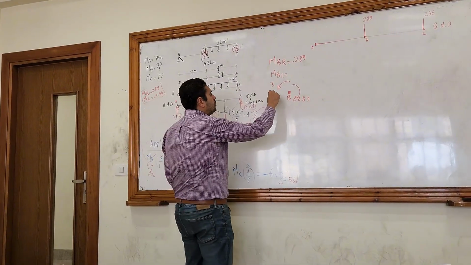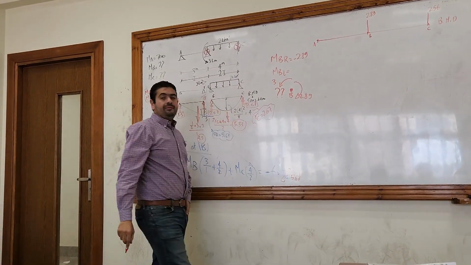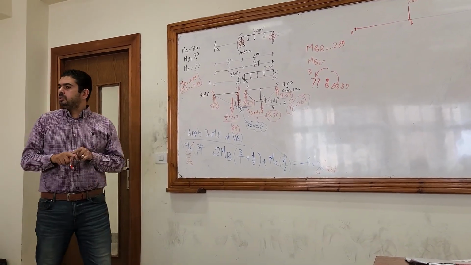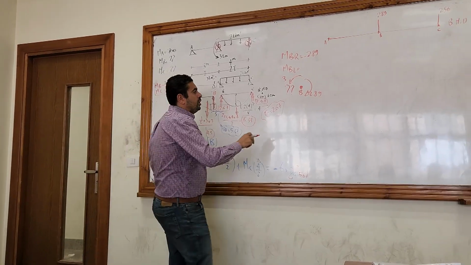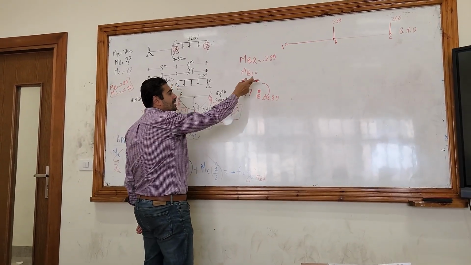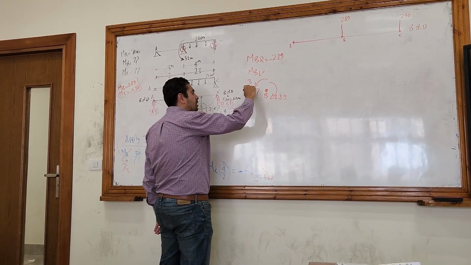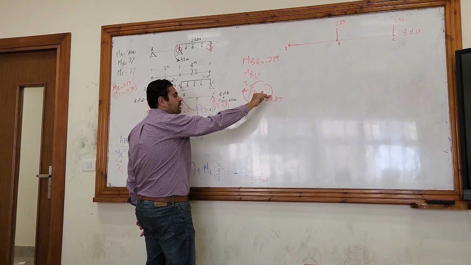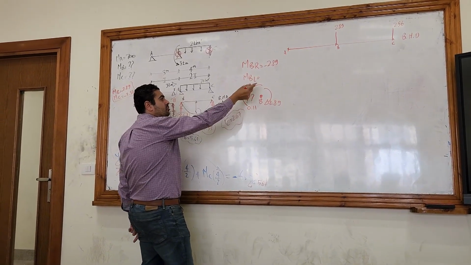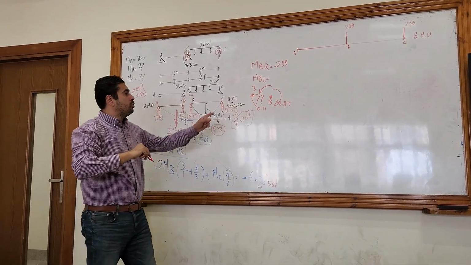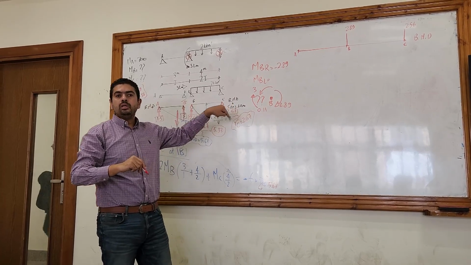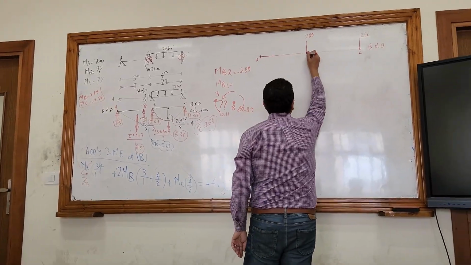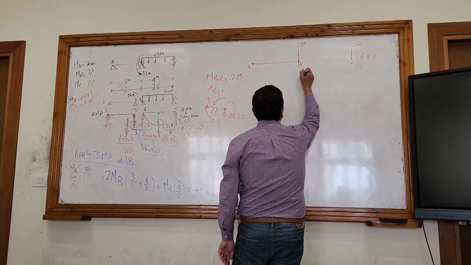So what will be the value of the left in order for the sigma moment to be equal to 0? Here it's 2.89 and here it's 3, so this moment has to be 0.11. So 2.89 and 0.11, 3, and 3 in the opposite direction, so sigma moment equals 0. So now I know that MB left is 0.11 downwards.